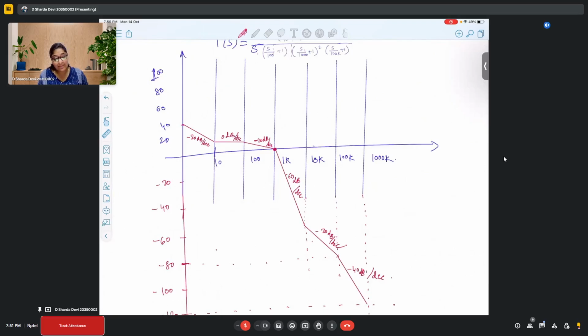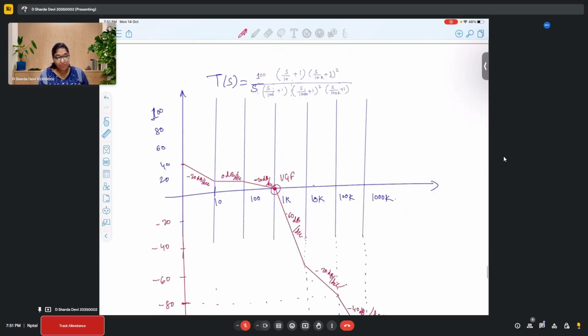And now you can clearly observe the crossover frequency, so UGF, that is unity gain frequency, right? So this is how your plot changes. This arrangement will also change based on where your poles and zeros are. So based on your pole zero arrangement, this Bode plot will completely change. So is this clear to everyone?